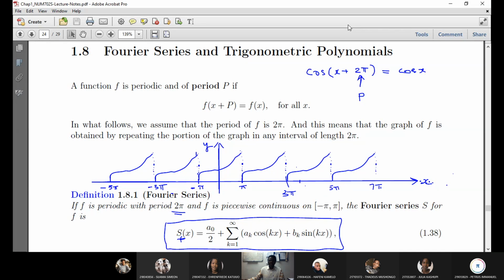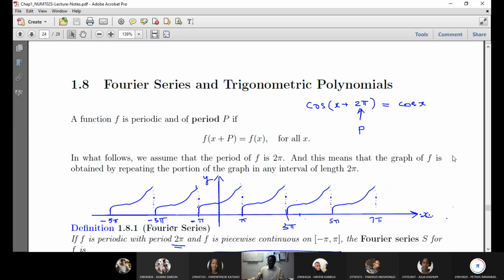So yesterday I introduced the concept of the Fourier series, but before that we defined what is a periodic function. We saw that a function is periodic if it takes the same value after a certain period of time or space. Like here, a function of real variable x is periodic of period p if each time you add p to x, you still get the same value as f of x.